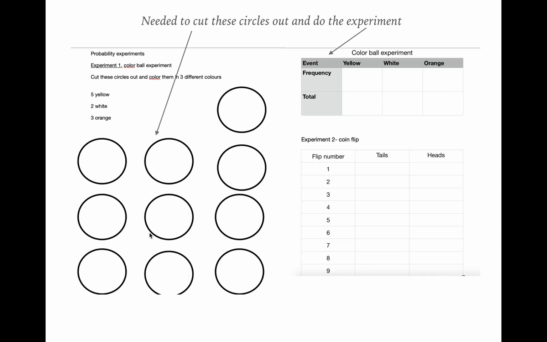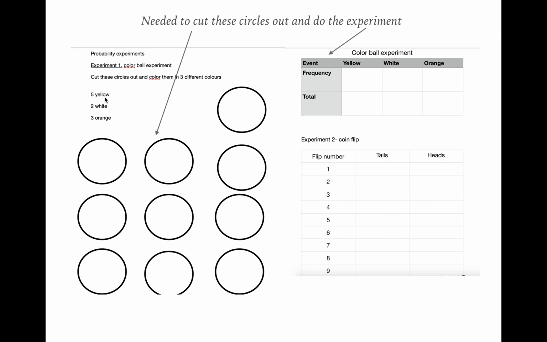Now, let's check the homework from last time. I noticed that some of you only wrote down the colors, which is okay, but you do need to cut these out, okay, and do an experiment here. So when you cut these out, you put them in a box or a bag, and you don't look, you close your eyes, and you pull out randomly 10 times, and record your results here.